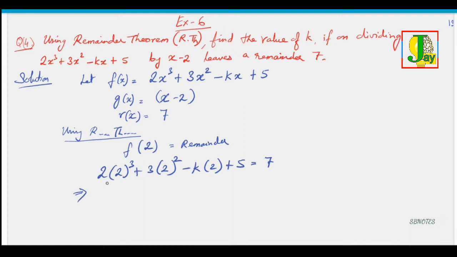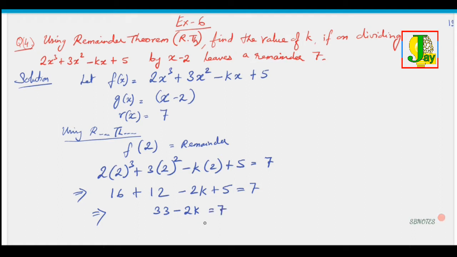That is 8 into 2 is 16, plus 12, that is 28, plus 5, 33, minus 2k equals 7.